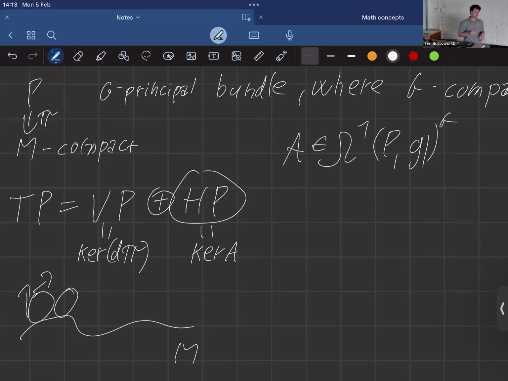So I'm just saying that there are conditions on A such that it gives me a nice complement. So if you wanted to avoid using A to define a connection, you would just say a G invariant choice of horizontal subspace, a complement to the vertical distribution. Yeah, that's enough. But if you want to actually compute with something, computing with a distribution is horrible. So you need the A. Yeah, you need it to do anything.